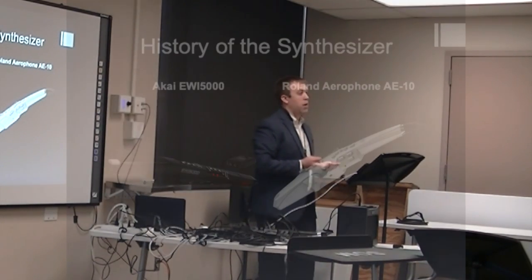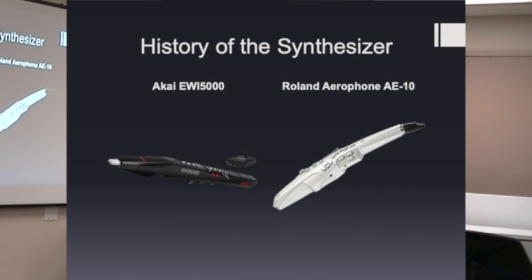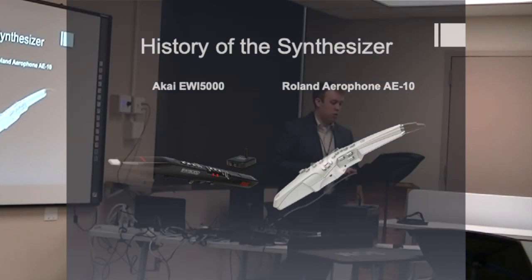From the early 2000s through today, the current leading companies of electronic wind controllers include Akai, Roland, and Yamaha. Unfortunately, back in 2017, Yamaha discontinued all production of their wind controllers.